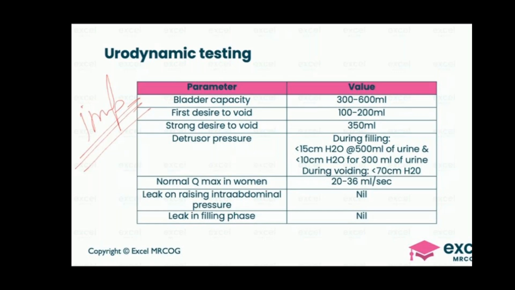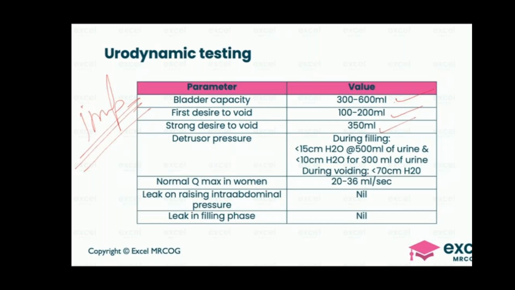So bladder capacity normal, that means the capacity to which the bladder can fill before the patient feels like passing urine, is 300 to 600 on an average. Okay. First desire is felt when the bladder fills up to around 200 ml. That's when she feels her first desire. Strong desire to void is at 350 ml approximately.